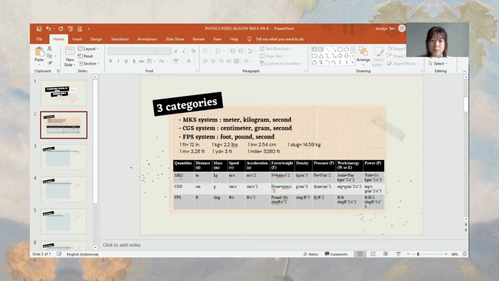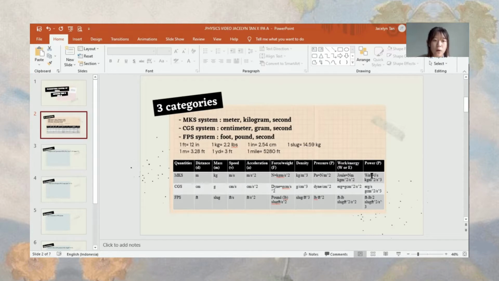First, in the MKS form, distance is meter, mass is kilogram, speed is meter per second, acceleration is meter per second squared, force or weight is Newton, equal to kilogram meter per second squared, density is kilogram per meter cubed, pressure is Pa or pascals, equal to Newton per meter squared, work or energy is joule, equal to Newton times meter, or kilogram meter squared per second squared.